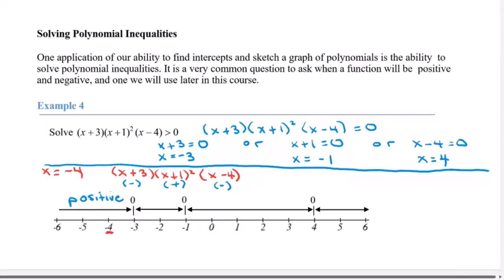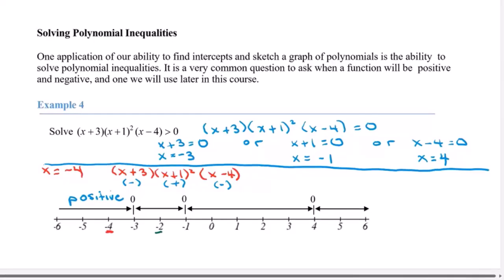And I think this makes it a little easier than worrying about what our values are, okay? Let's do the same thing here for -2. So when x equals -2, we have x plus 3, x plus 1 squared, and x minus 4. So -2, well, this is positive. This is always positive, and this is negative. So that makes this negative.